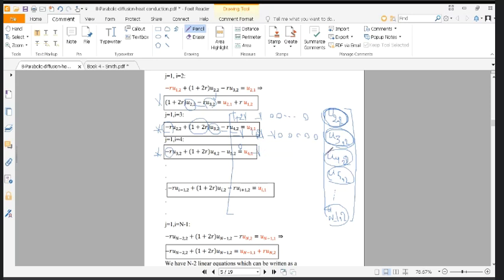The coefficient of u4 and 2 is 1 plus 2r. And the coefficient of u5 and 2 is minus r, not minus 1, it is minus r. And the rest of this row is 0. Is it okay? Did you understand?